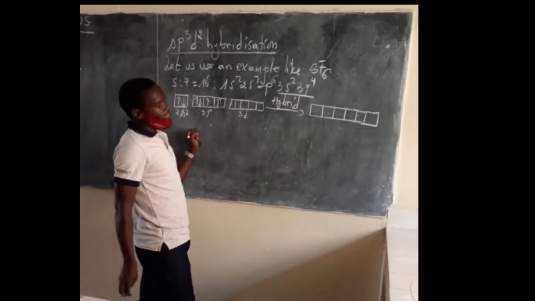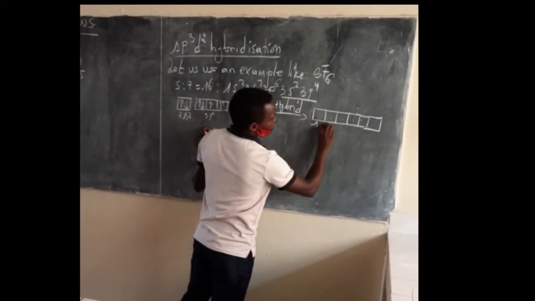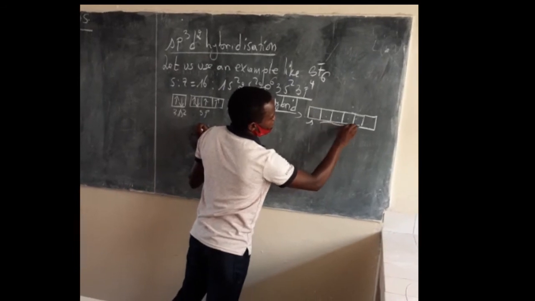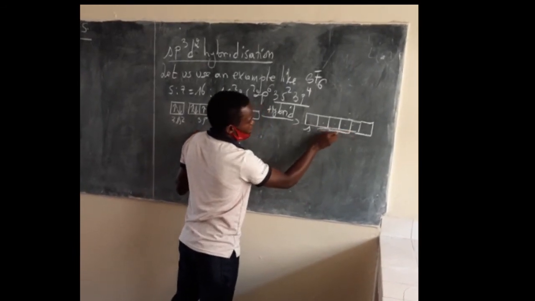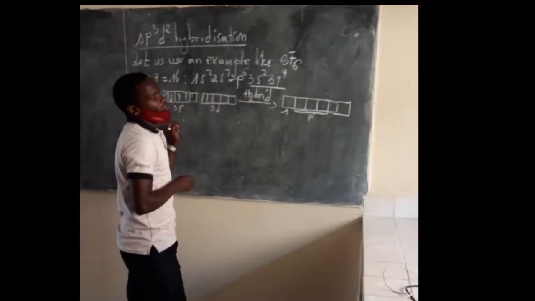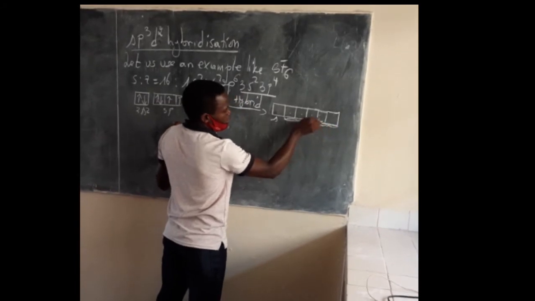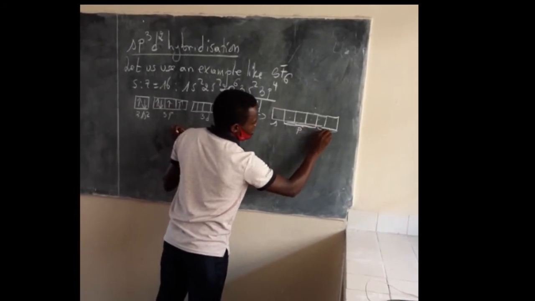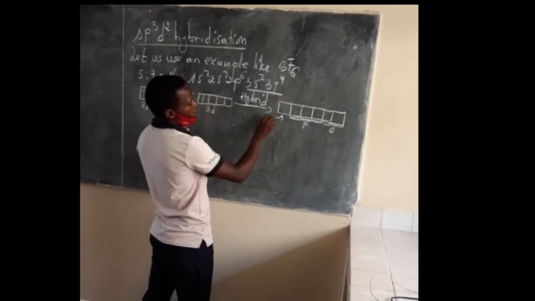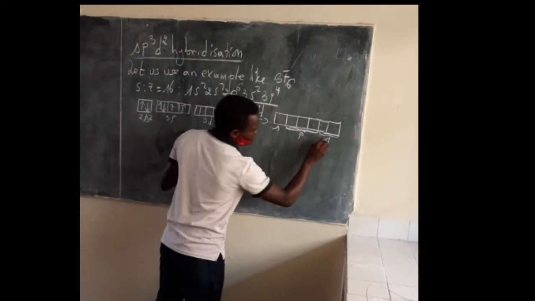It is made coming from s, from the p orbitals, but also there is d. It is clear that you have 1s, 3p, and 2d.